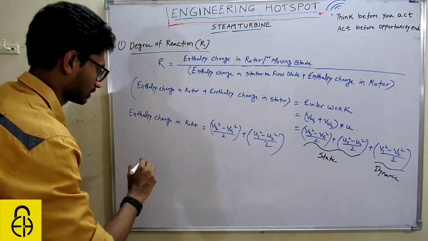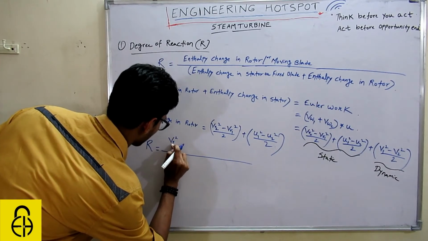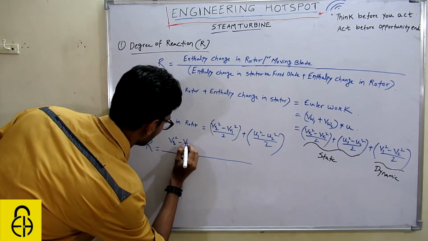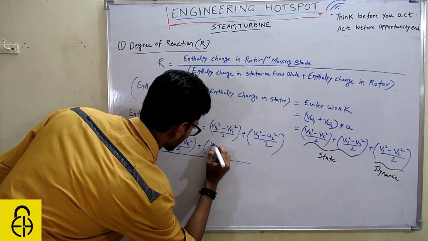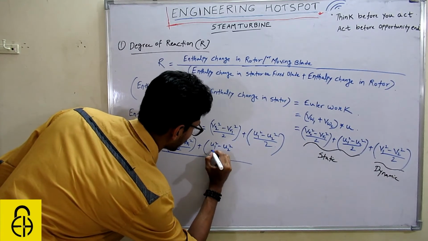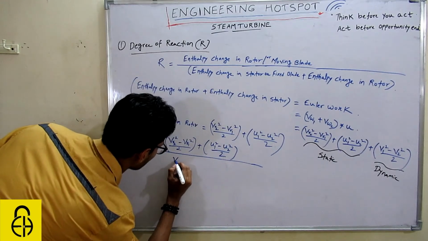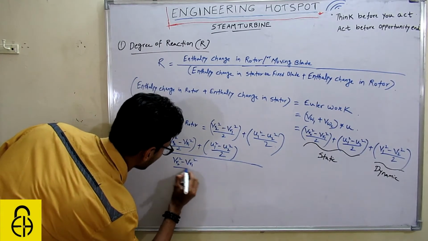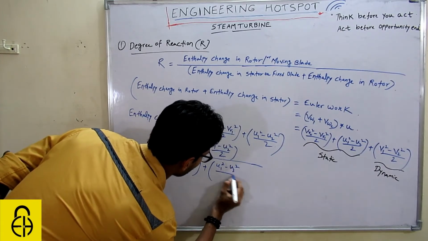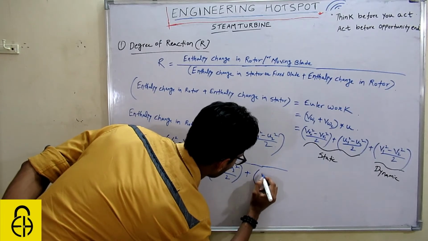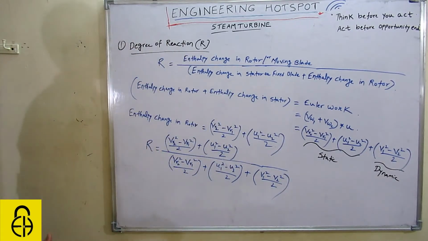So if I write the degree of reaction, it will be VR2 square minus VR1 square by 2 plus U1 square minus U2 square by 2, upon VR2 square minus VR1 square by 2 plus U1 square minus U2 square by 2 plus V1 square minus V2 square by 2. So this will be the degree of reaction R.